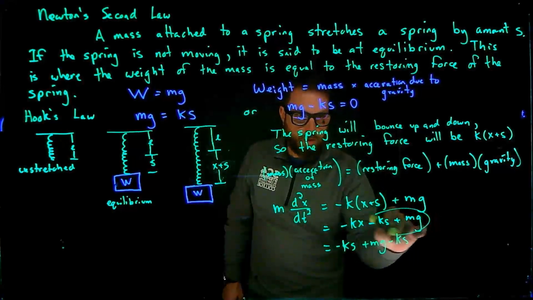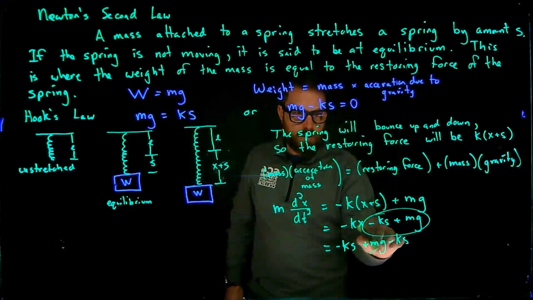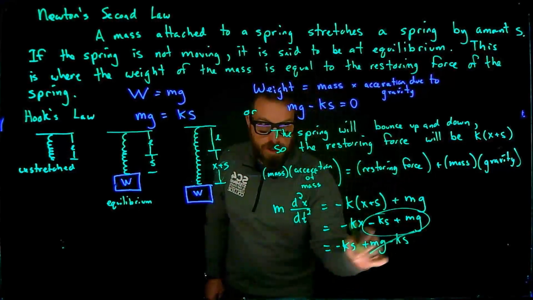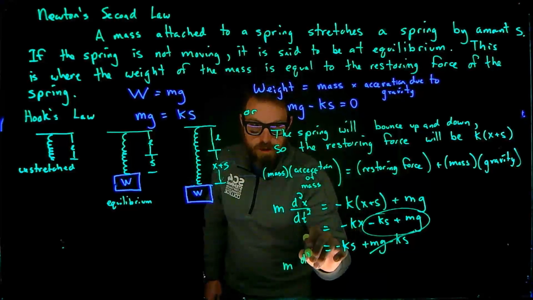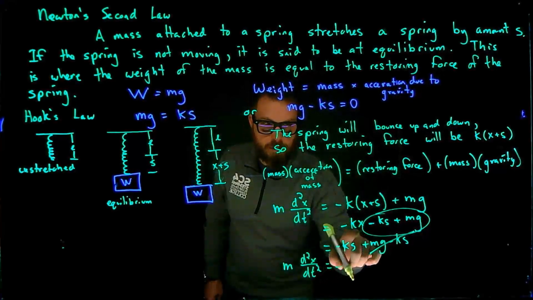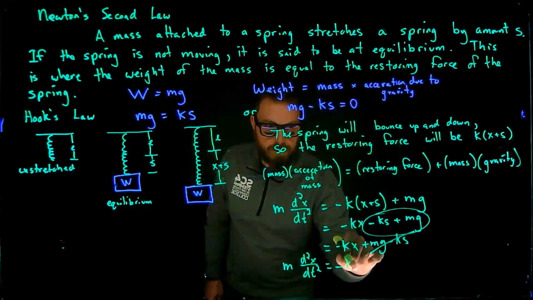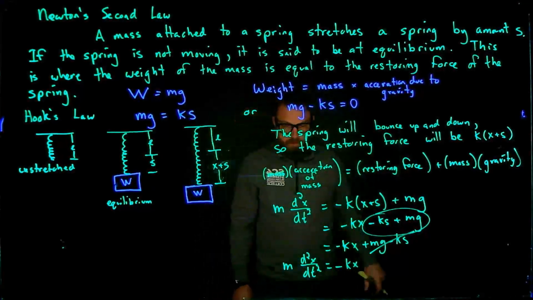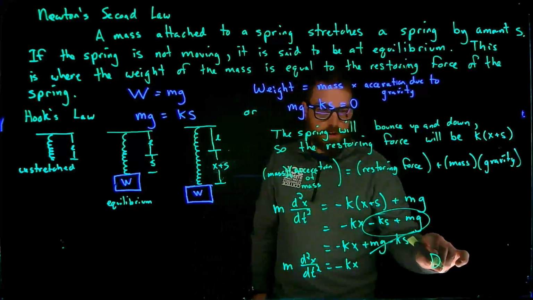All I'm doing is reordering those. And what we know is that that piece is equal to 0. So what we get is m times the second derivative of x with respect to t is equal to minus k times x. This is the differential equation that we're actually trying to solve.